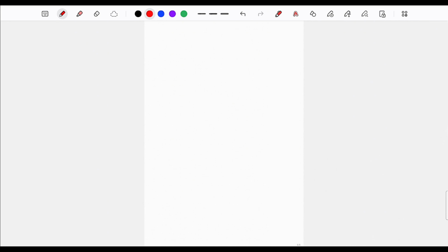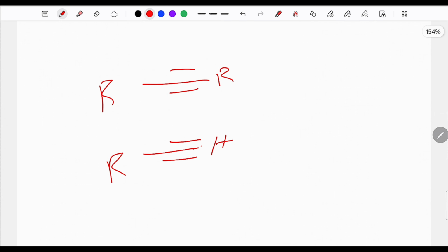Something important to understand is that if I have an internal alkyne, so that mechanism was done by a terminal alkyne, but if I have an internal alkyne versus a terminal, what is the difference? Well, an internal alkyne under aqueous acidic conditions with mercury sulfate gives me a mixture of two ketones.